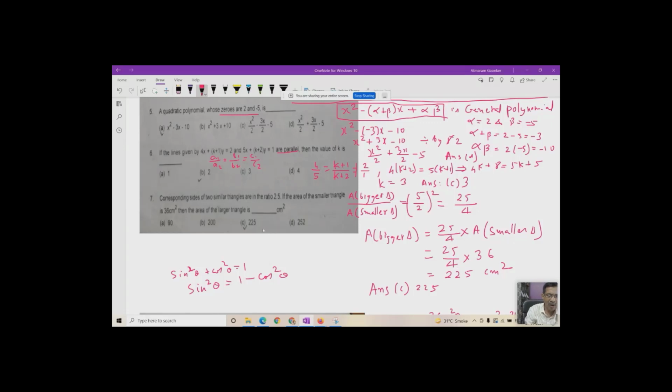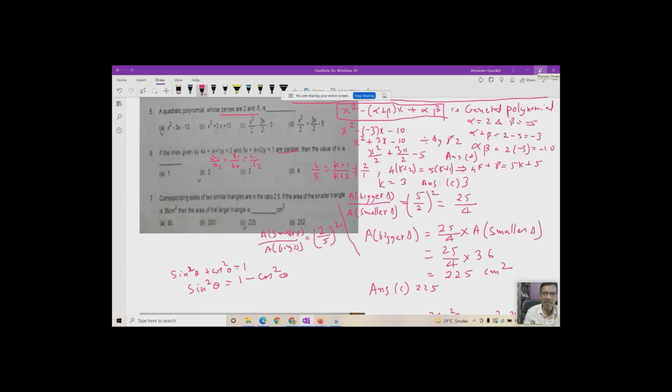Or if you are confused, you can write it like this: area of small triangle divided by area of big triangle is equal to 2 upon 5 squared. Put the area of small triangle, find the area of bigger triangle.